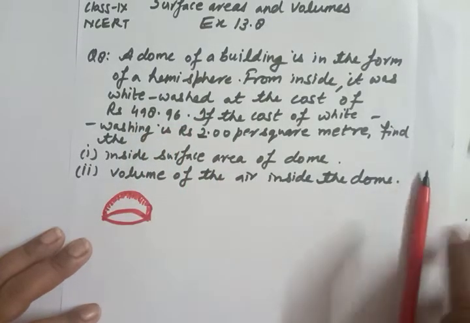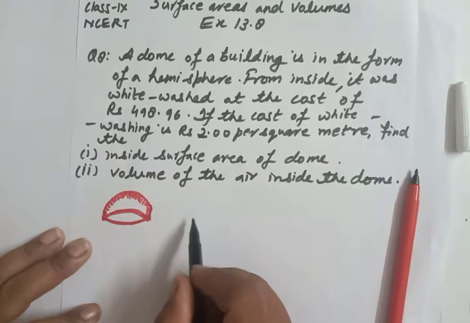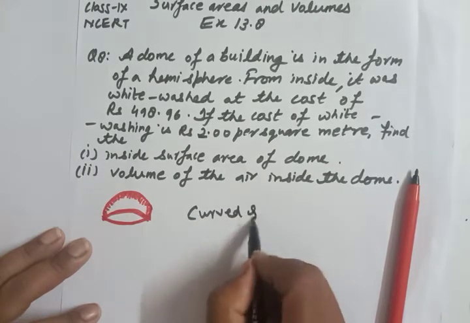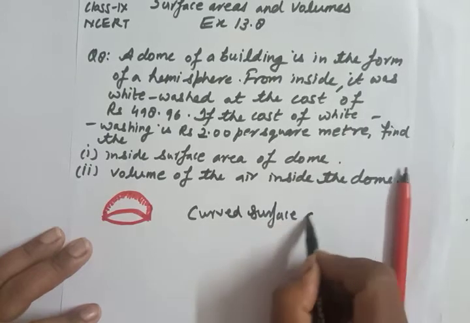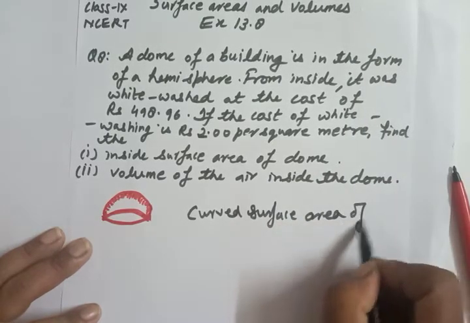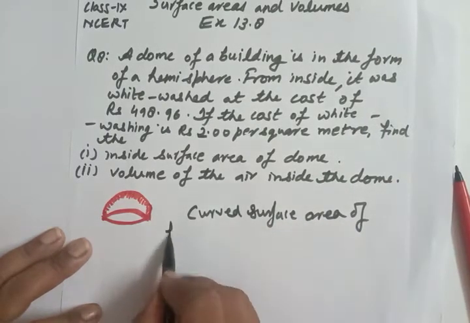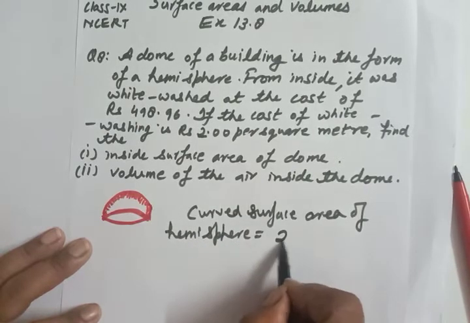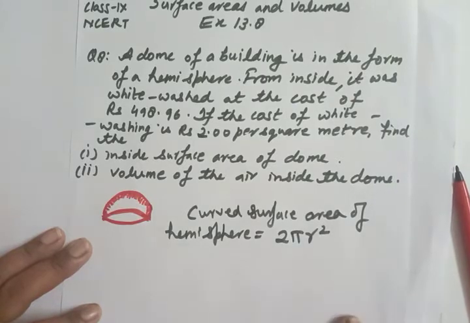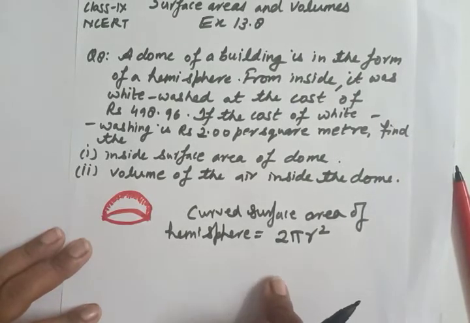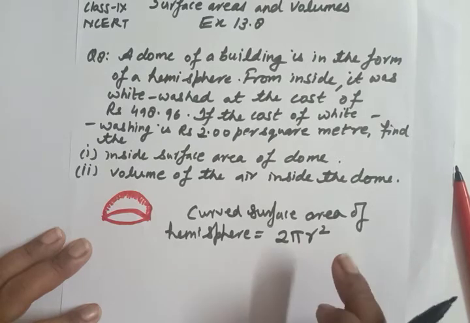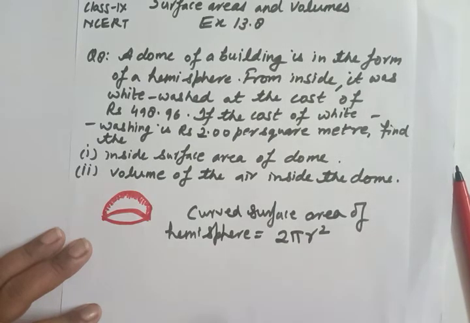So just recall the formula for the curved surface area of hemisphere, that is 2 pi r square. And we always know that surface area comes in a square unit. So 1 square unit is of rupees 2, that is given in the question.